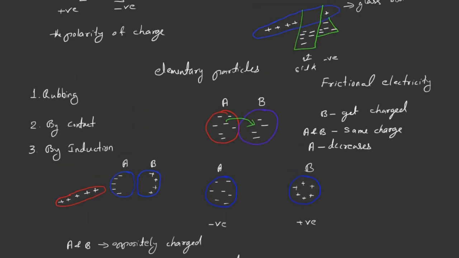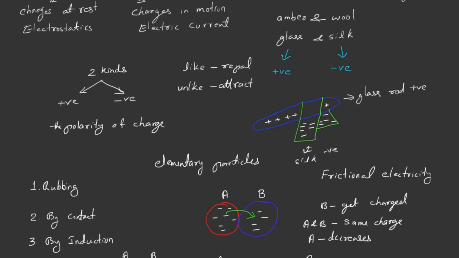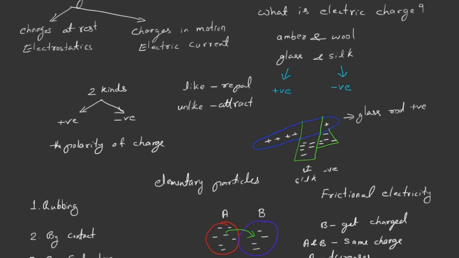Now let us move back to our examples of frictional electricity. We understood that when amber is rubbed with wool, amber gets a property to attract small pieces of paper.